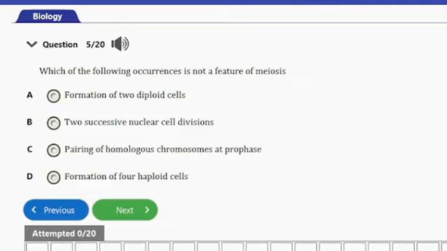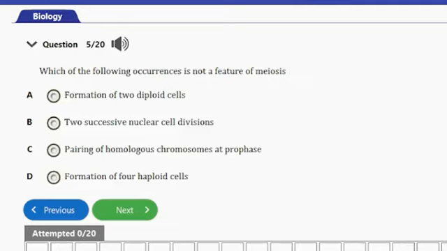In meiosis, there is always a formation of haploid cells. Meiosis always ends up with the formation of haploid cells and not diploid cells. It's the cell division that occurs in reproductive cells like the sperm and the egg.